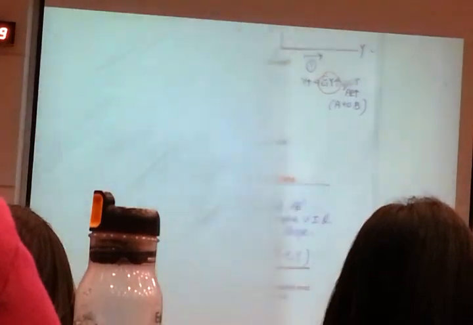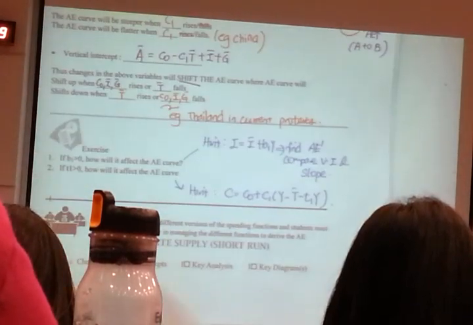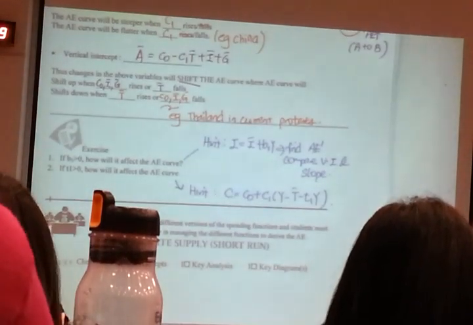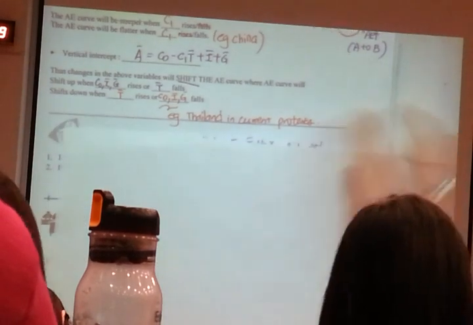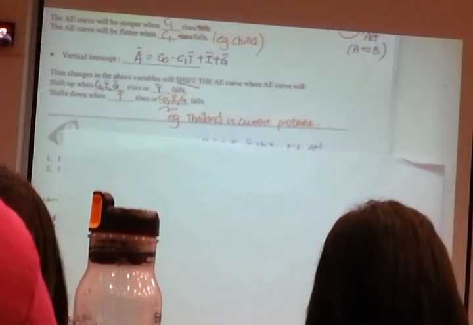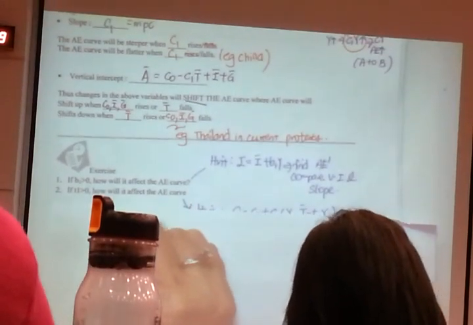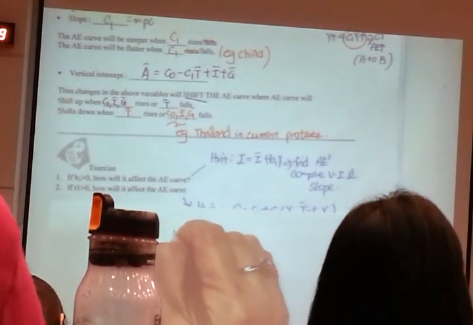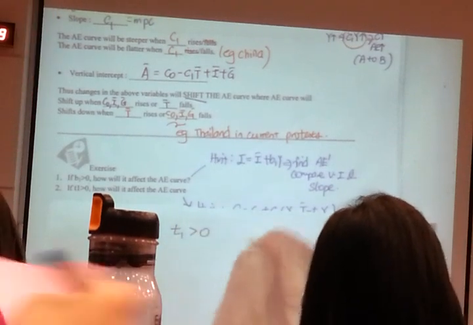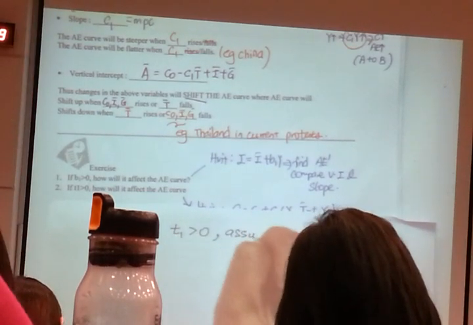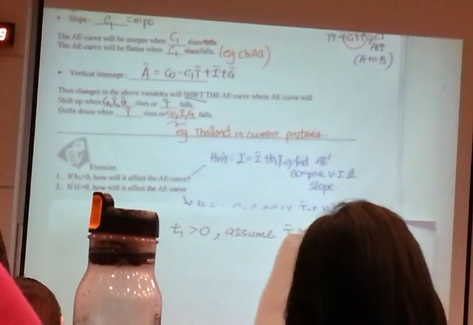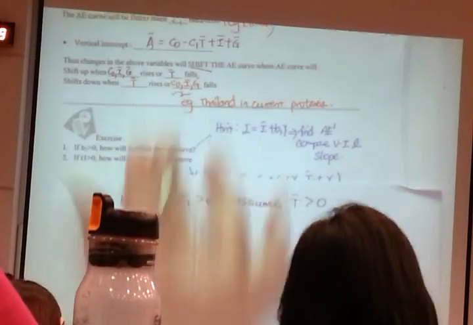Now let's do the second part. How does it affect when now you have income tax? I'm not going to go into detail already. I'm going to give you just the key function. So exercise 2. Now your T1 is positive. For convenience, you can still assume T bar is positive.